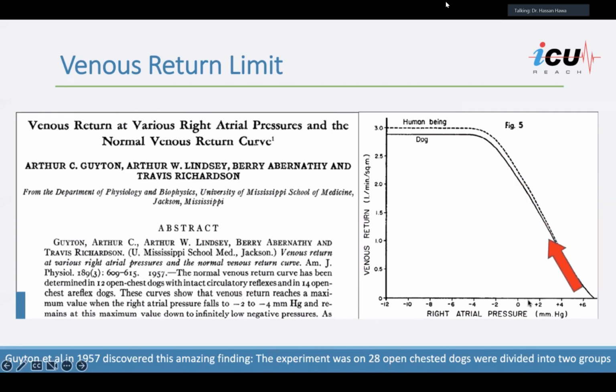Basically, it's saying that as the right atrial pressure reduces, this allows more venous blood to come back, but this will carry on until it reaches a plateau around -2 mmHg. Then this will go to infinity. So you don't expect a further drop in the venous diameter. Otherwise, this will lead to complete collapse of intrathoracic veins.